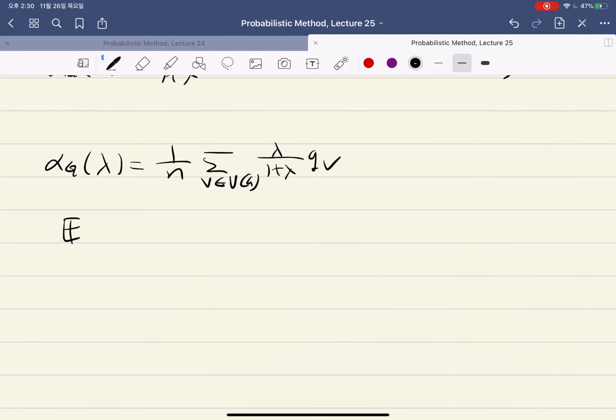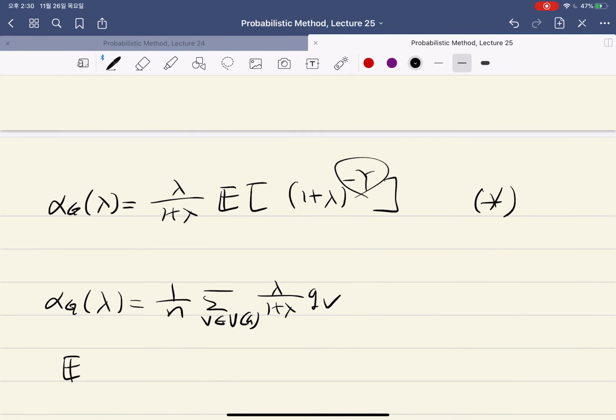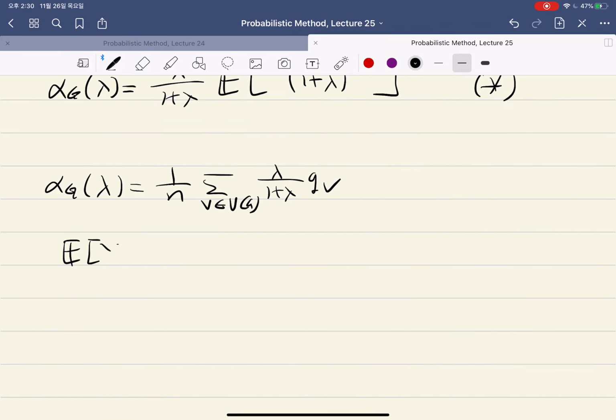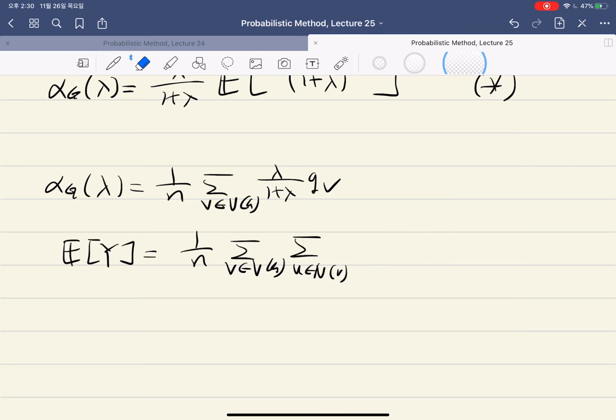And we can actually write this expectation of y as 1 over n, for all vertices in G, and for all its neighbors, we add the probability that its qB is, this is not covered.